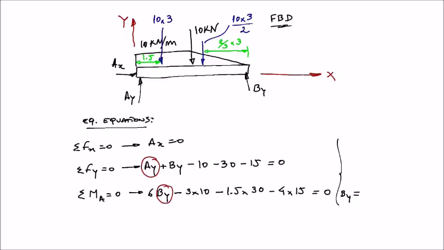I obtain By equal to 22.5 kilonewtons, and after replacing this on the second equation, for Ay we get Ay equal to 32.5 kilonewtons.